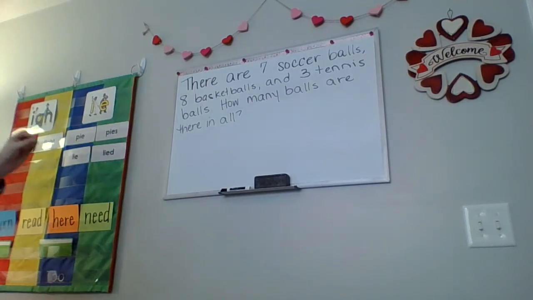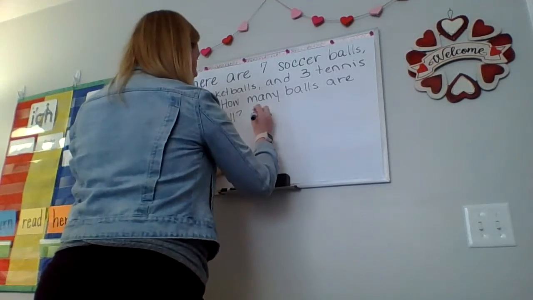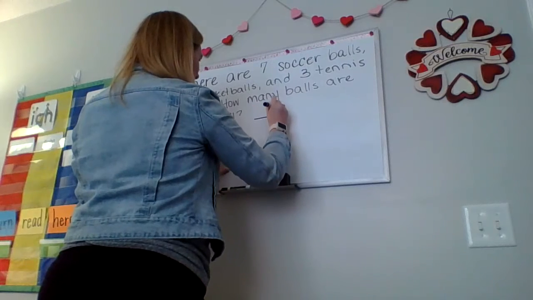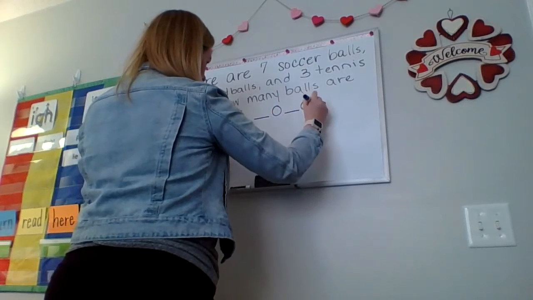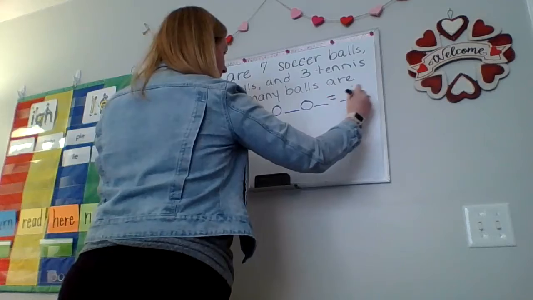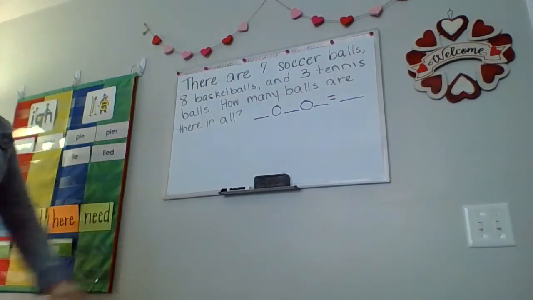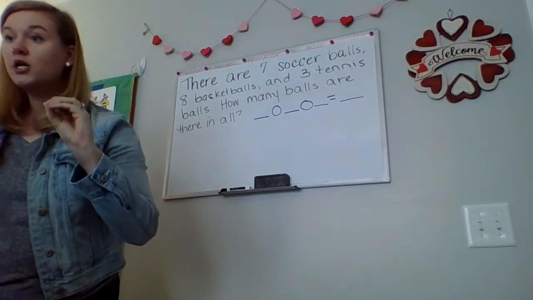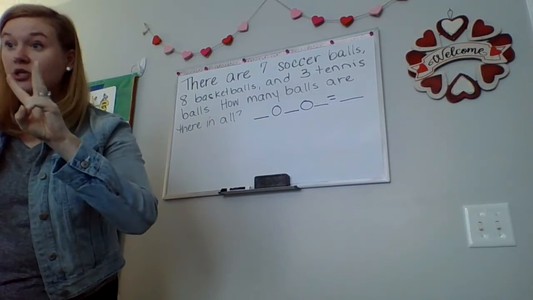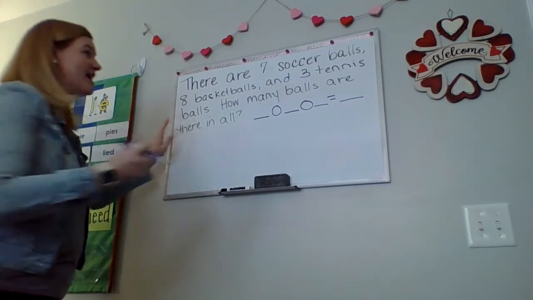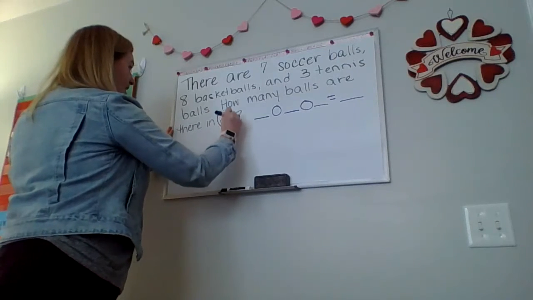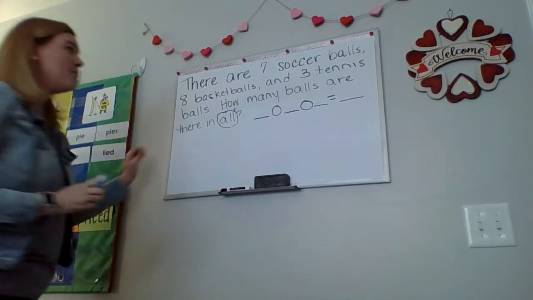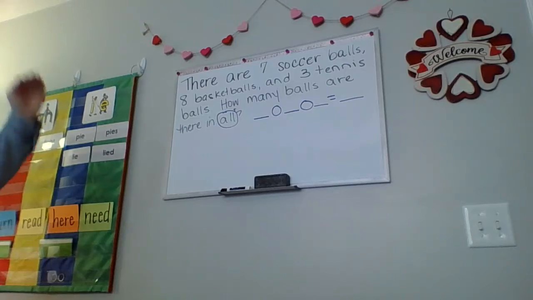Okay, this is what I want to see. I want you to show me your equation. Now, as you can tell, there are 3 numbers. We are adding 3 numbers to our equation. We are doing addition because it wants to know how many there are in all.